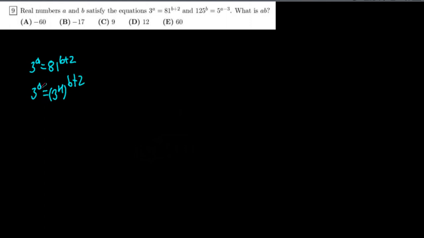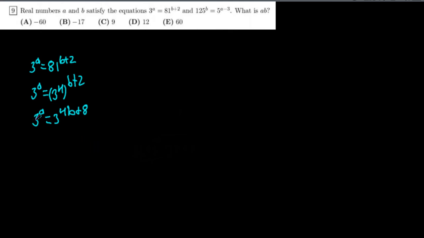So 3^a = (3^4)^(b+2). Since we have a power to a power, we have to multiply them. So we have 3, and then for the exponent, 4b plus 8.